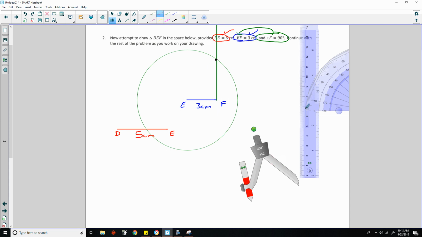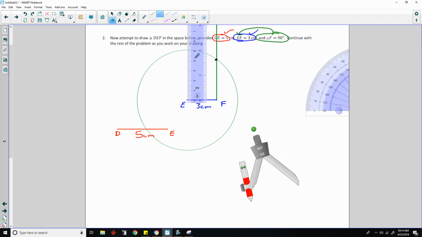So then I'm going to take my ruler, put it right on E, rotate it to that dot there, and there is my point, and that is point D. This is 90 degrees. Okay, so it says attempt to draw triangle DEF in the space below. Continue with the rest of the problem as you work on your drawing.